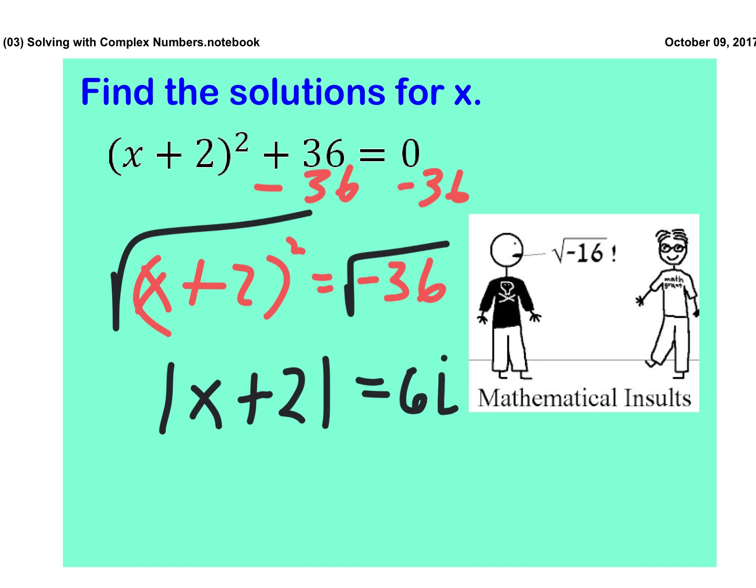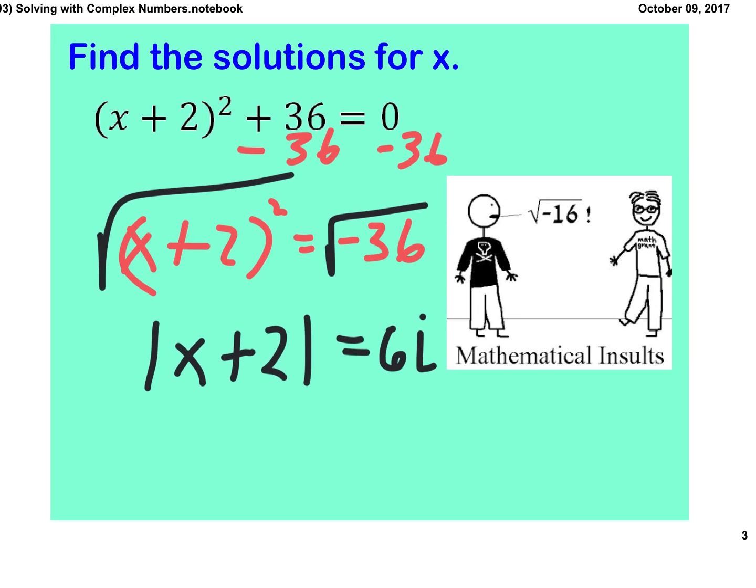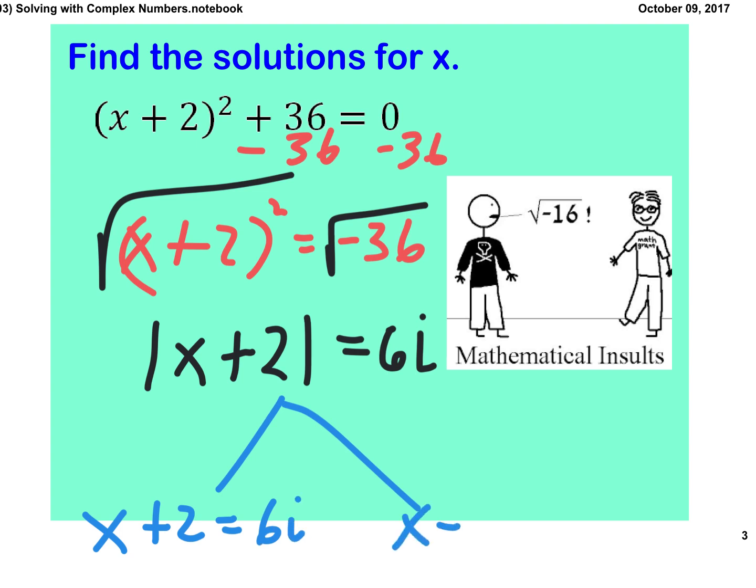And then you're going to get two answers. x plus 2 is equal to 6i. And x plus 2 is equal to... oh, wait a minute. Negative 6i.